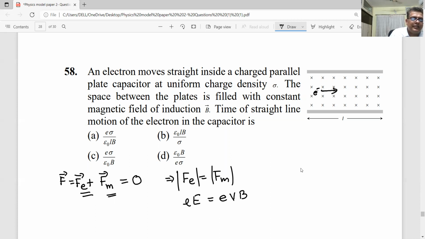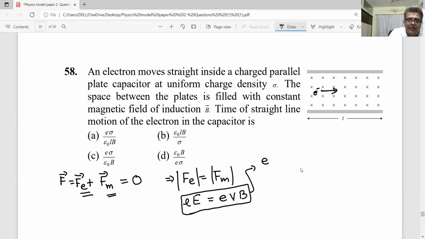This is how exactly we get the answer. Now, what is the value of v? The e gets cancelled there. So understand clearly, my dear students, E is equal to vB, that's what we get.